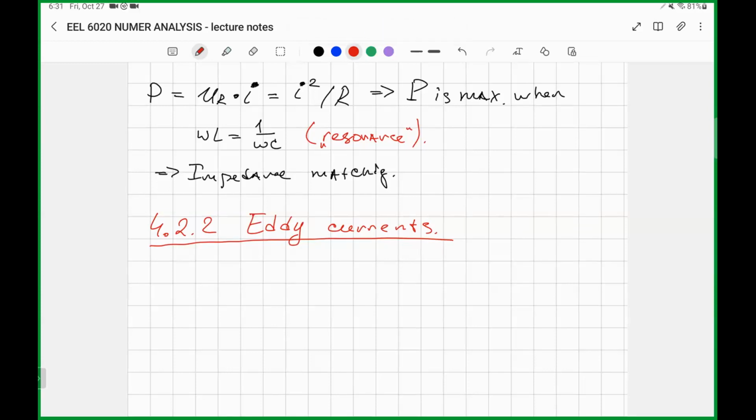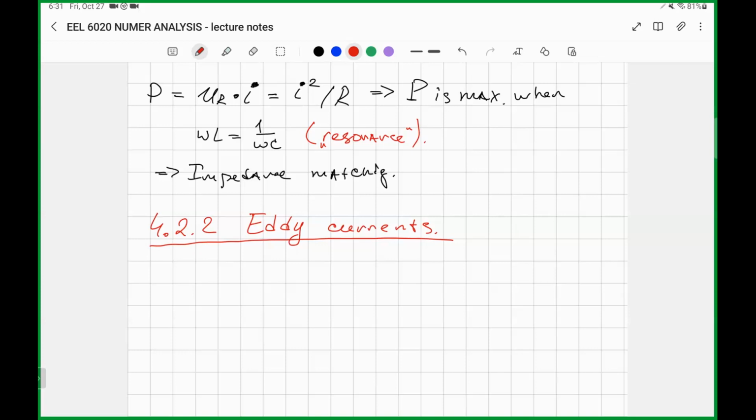And usually when the field is very slow, like almost static, it doesn't cause any problems, because if the field is very slow, then the very slow change of this field creates a very weak current in the metal. Okay, so it's not a problem for static fields or almost static fields.